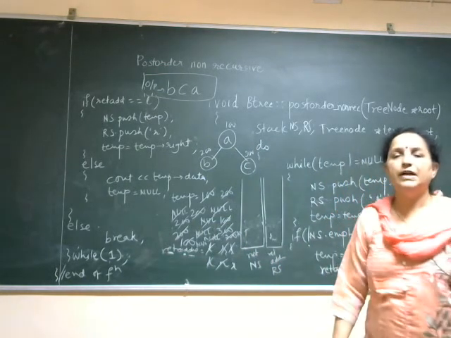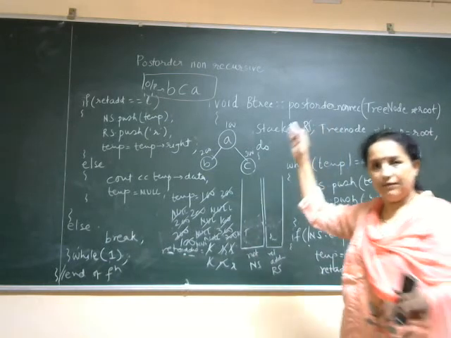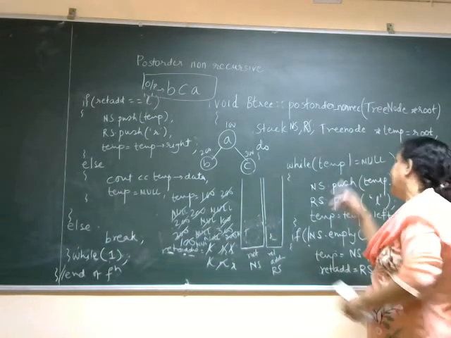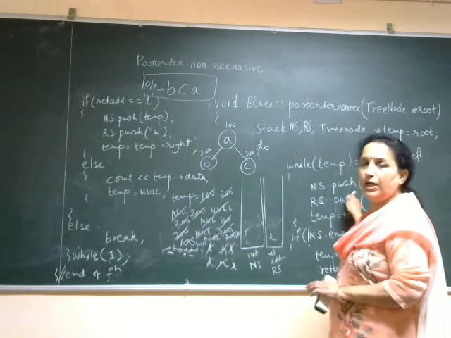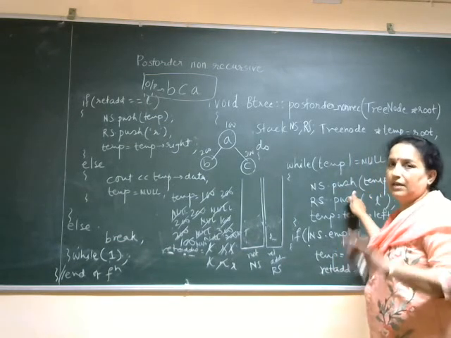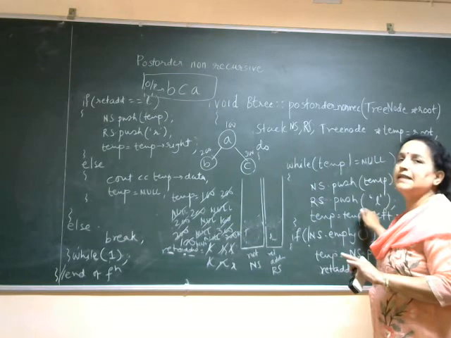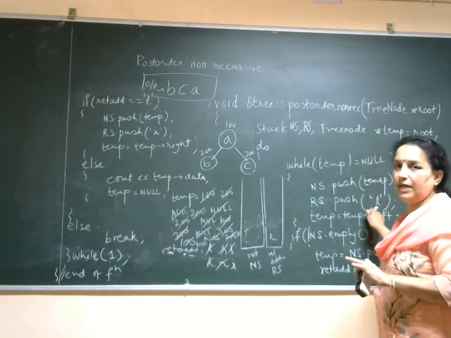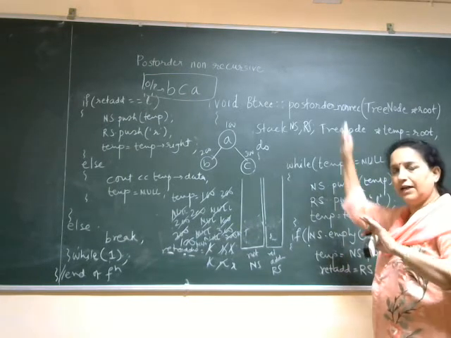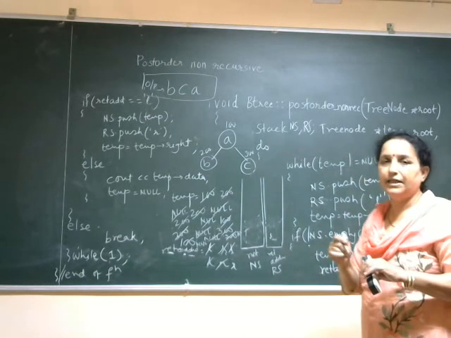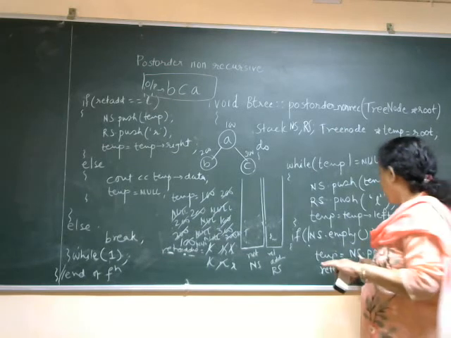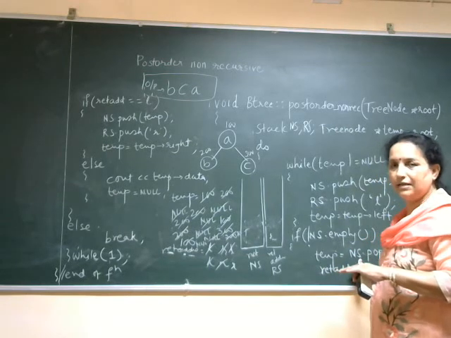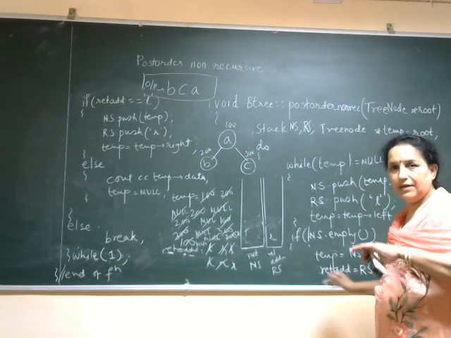Now what is the logic behind it? We have to go to left, left, left, till null. But while traversing, I should push that node inside the stack, and in the return address stack I should push L. Then when I traverse left and get null, what should I do? If the stack is not empty, I should pop one value from the stack, and I should pop the return address also.